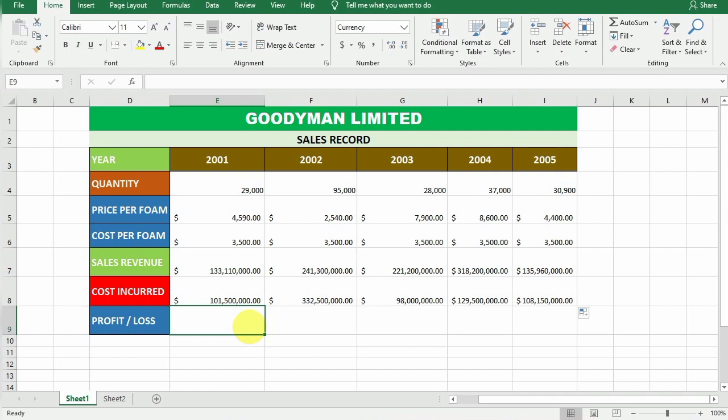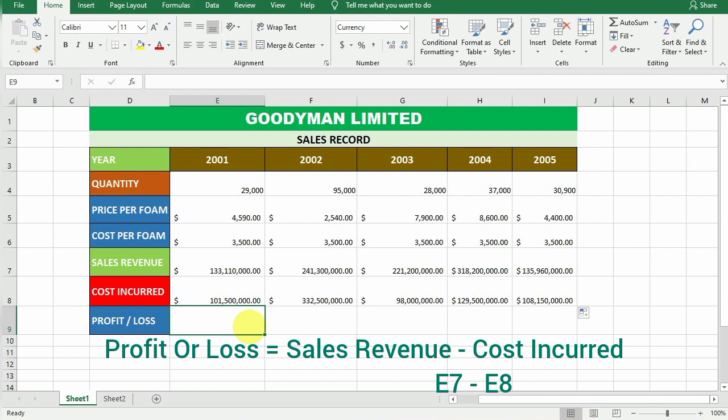Guys, please pay attention. Your sales revenue and your cost incurred don't actually tell you whether you are making a profit or loss. Now you have to apply another method to actually get this calculation right. Profit or loss can be gotten by subtracting your cost incurred from your sales revenue.